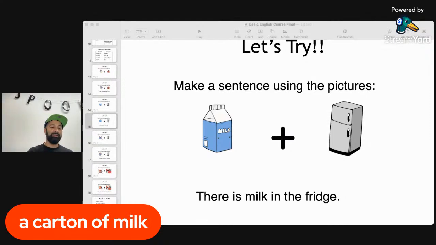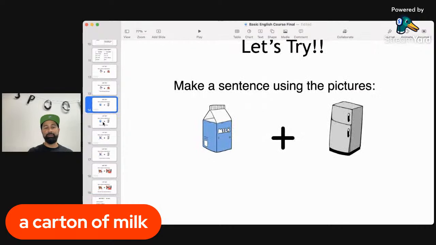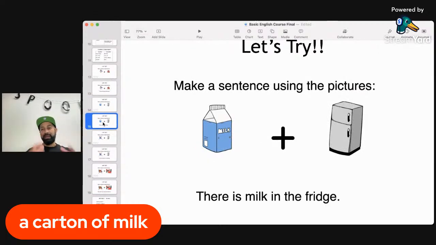Now in the US and in Canada, a lot of the milk is going to be coming in a different shape. It's not coming in a paper carton package. It comes in a plastic container. We call that a jug of milk. And we can say a gallon of milk.